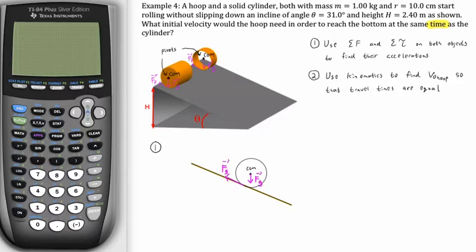Okay, and so then we want to think about the sum of torques and sum of forces relative to that pivot. I should say those aren't the only forces. You're probably wondering, what about the normal force? So let's put that in there as well. Now it will turn out that the normal force, because it is parallel to the position vector from the axis of rotation to its application point, exerts no torque.